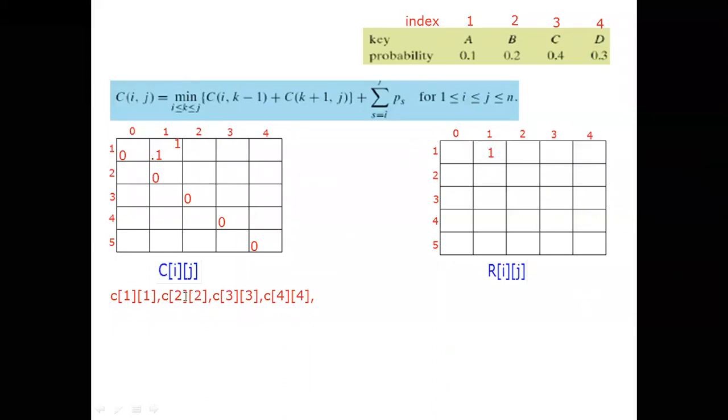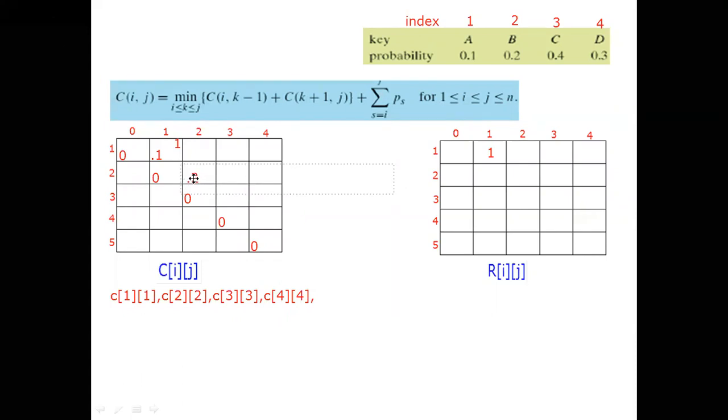Now the next value, 2 2. What is the meaning? Only the second key is considered in 2 2. What is the value? 0.2. I should write 0.2. What is the superscript? What is the index value? It should be 2. I hope it's clear. I should write this 2 there. Now I will write here the value 0.2 and adjust it. What superscript should I write?